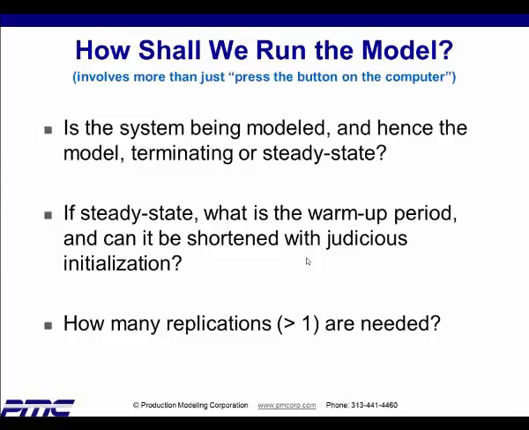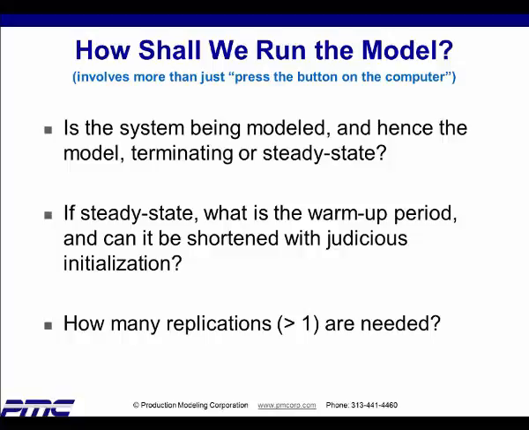And how do you run the model? If you're working with a model of a manufacturing or warehousing process, it is probably steady state. That means the model picks up Tuesday morning where the work left off Monday morning.